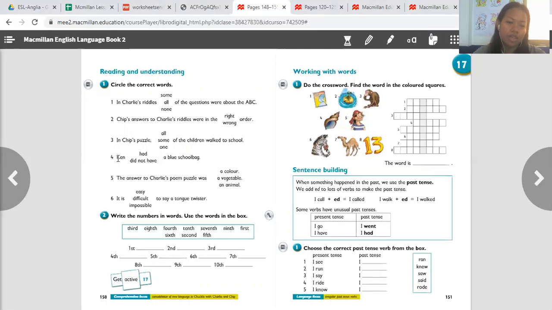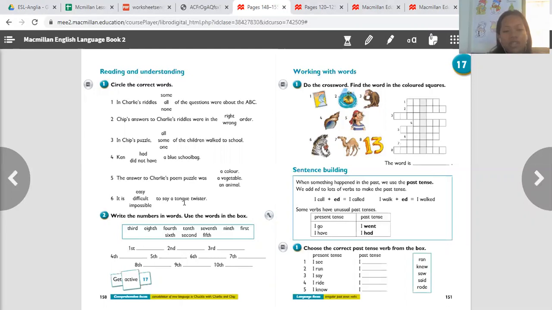Number 4, Ken did not have a blue school bag. Number 5, the answer to Charlie's poem puzzle was color, a vegetable, an animal. Number 6, it is easy, difficult, impossible to say, a tongue twister.